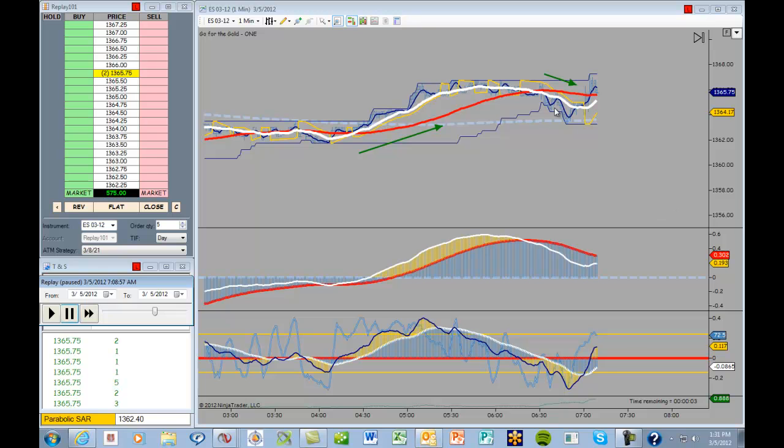Okay, now once we get the price back below the red, I think that it's going to be smooth sailing downward because look at the MACD, stochastic is overbought. Okay, there you go. Flip the parabolic.